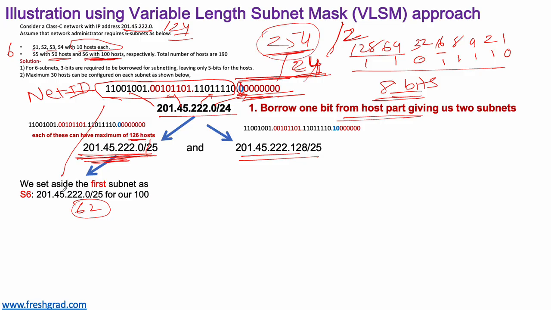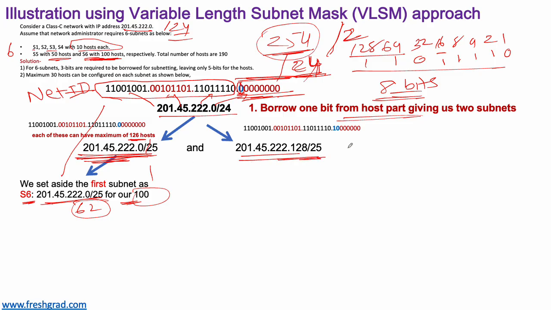So we set aside this first subnet for S6, subnet number 6, for our 100 hosts. This will apply to 100 hosts, and the rest, 26 hosts, is wastage, but it's okay because it meets our requirement.